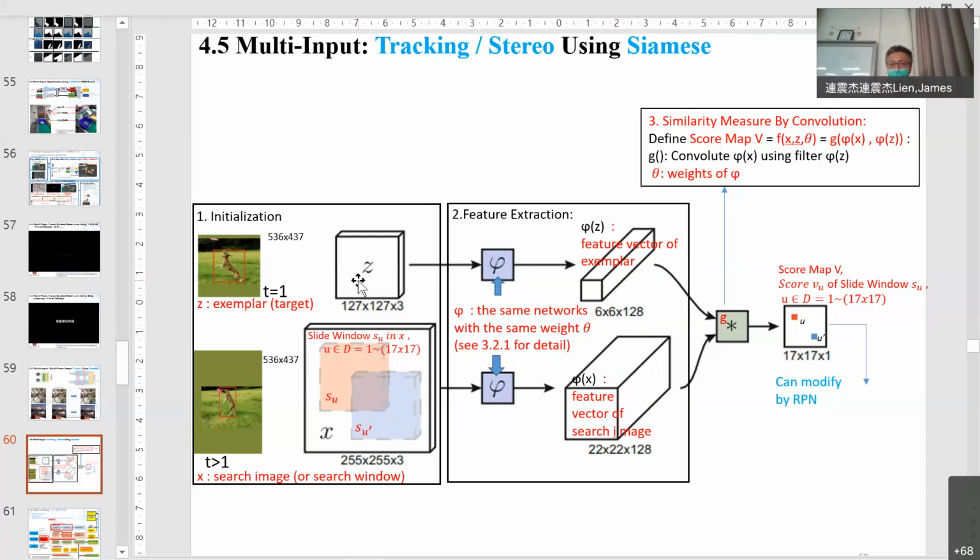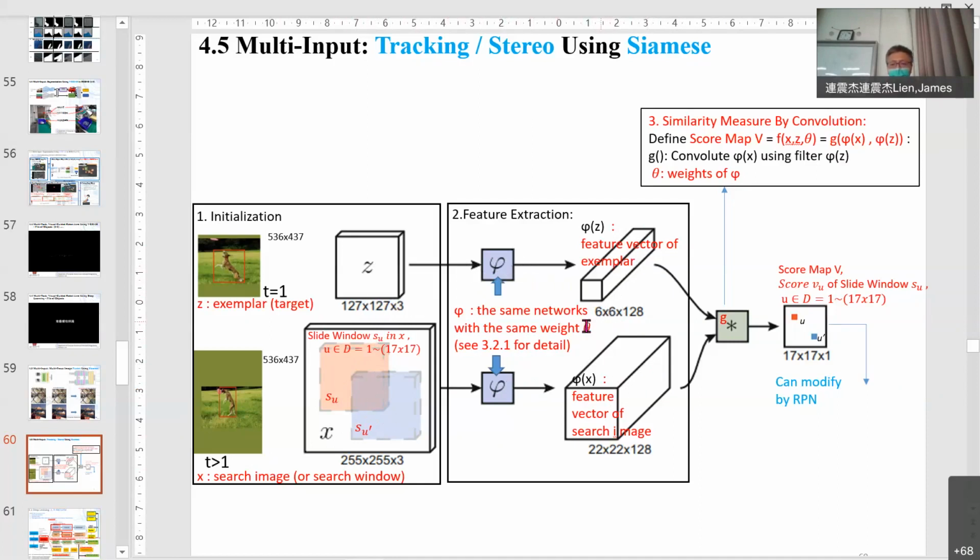Okay, so suppose the template is this one, 127 by 127 RGB 3 channel. This is your search region. We do feature extraction. For example, we use VGG16, and we have an output here. Downsampling and more features.